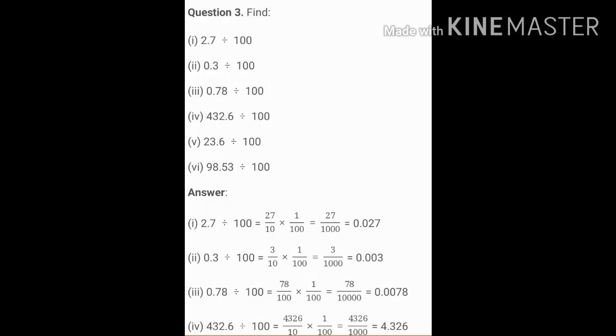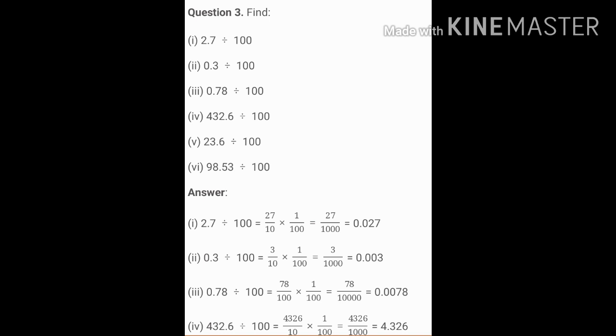Third question, find 2.7 divided by 100. In the previous question we were dividing by 10. Here we are going to divide by 100 the given decimal number. So 2.7 divided by 100 means 27 upon 10.